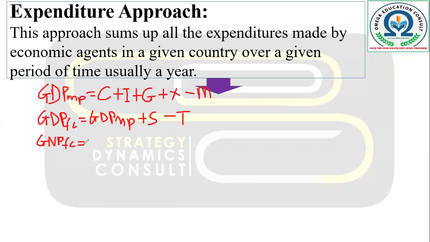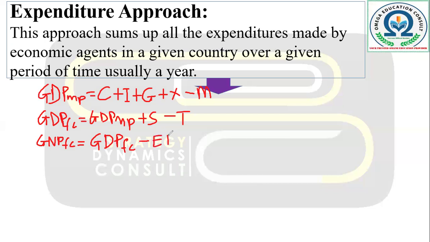Gross national product is the total amount of money spent by all the citizens of Ghana, whether they are in Ghana or abroad. So we pick the GDP FC, which has foreigners' contribution, and then deduct expatriate factor income.